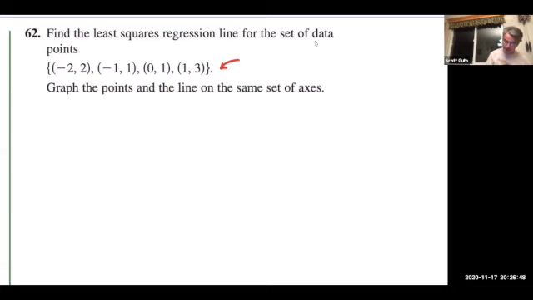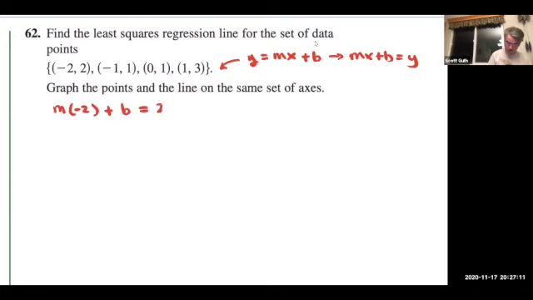So the equation of the line is y equals mx plus b. We would probably write this as mx plus b equals y, and then plug in all the points. So for the first point, you would do m times x, which is negative 2, plus b, which is equal to y, and y is 2.